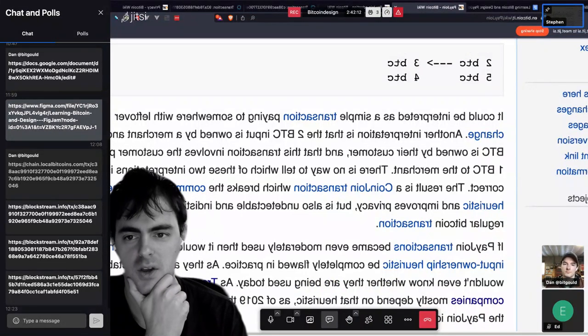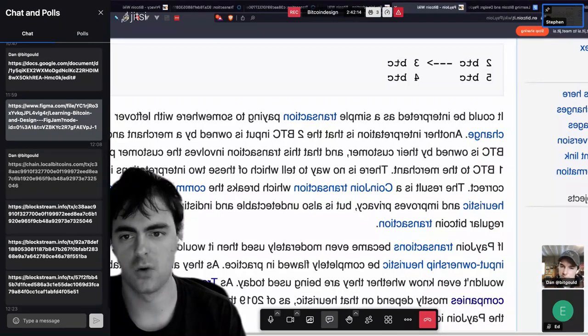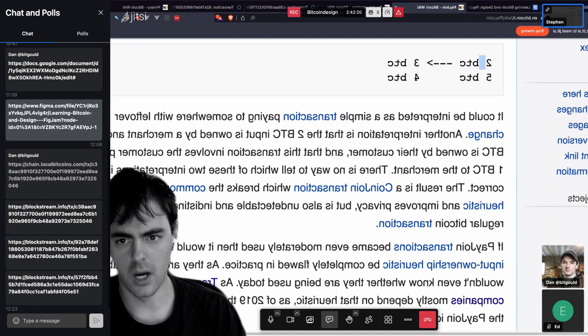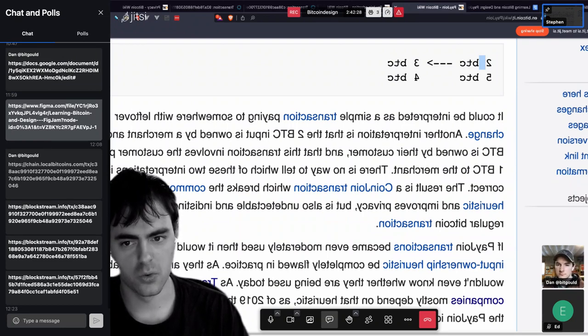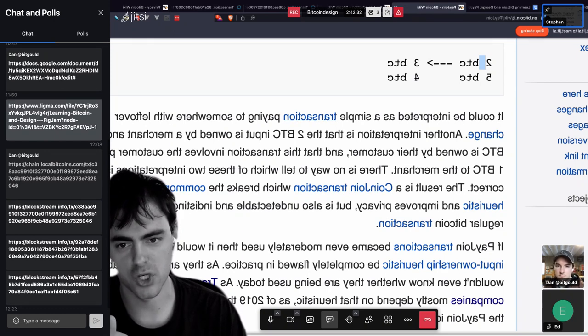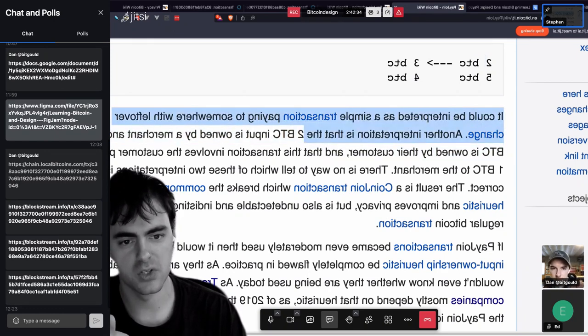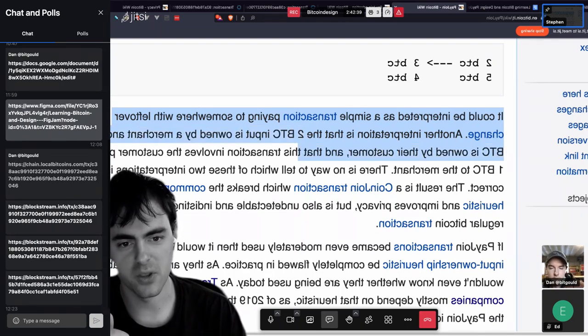So I've got 2 Bitcoin and 5 Bitcoin on the left as my inputs here, and I'm sending that into this transaction here. It has a 3 Bitcoin output and a 4 Bitcoin output. So what were they saying? It could be interpreted as a simple transaction paying to someone with leftover change. Another interpretation is that the 2 Bitcoin input is owned by a merchant and the 5 Bitcoin is owned by their customer.